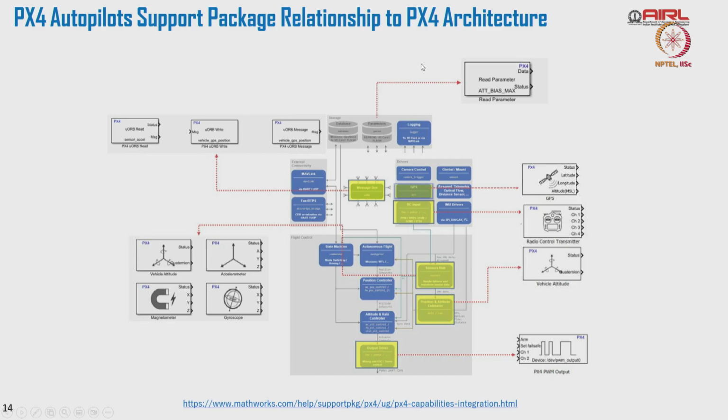Okay, for more detail about how these interfaces work, and to understand what drivers are available, you want to read more about it. You can go to mathworks.com help. There is a support package, and in that PX4 you have more information about integration aspects of these systems.